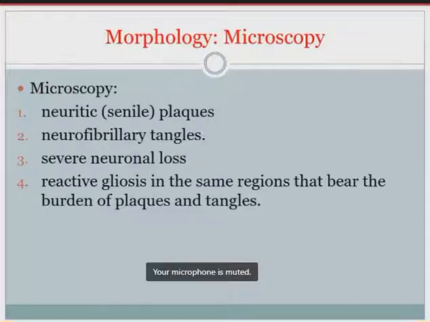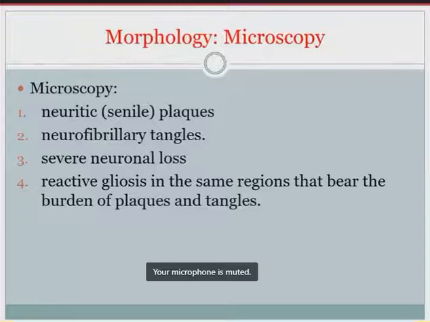So there is presence of neuritic plaques, neurofibrillary tangles, severe neuronal loss, and not only that, there is reactive gliosis in the surrounding parenchyma. So: neuritic plaques, neurofibrillary tangles, neuronal loss, and reactive gliosis.